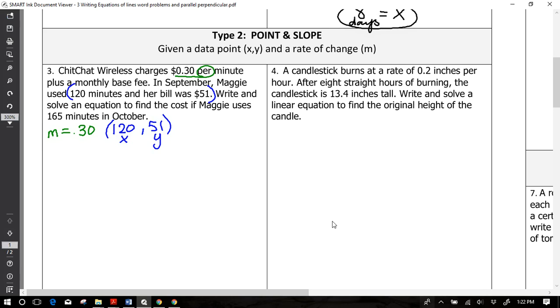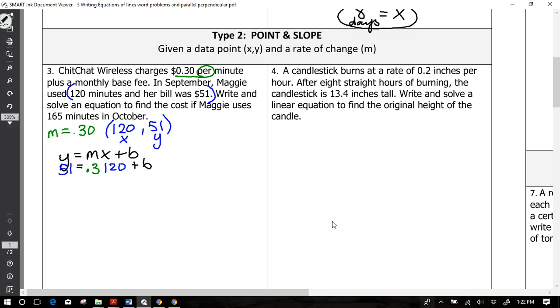So now I have 3 pieces of information and I'm ready to plug them in to my slope-intercept form. My slope is 0.3, the x is 120, and the y is 51, and I need to solve for b.